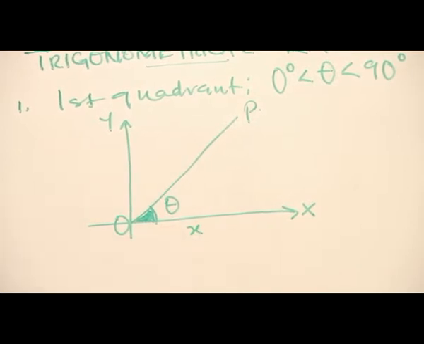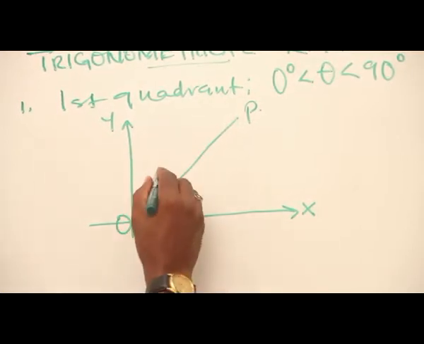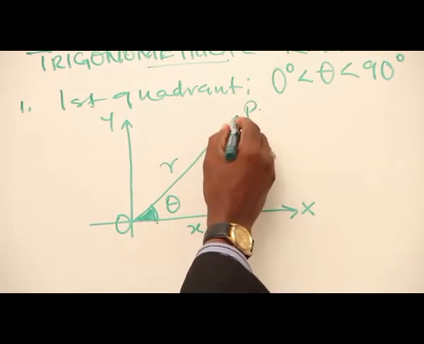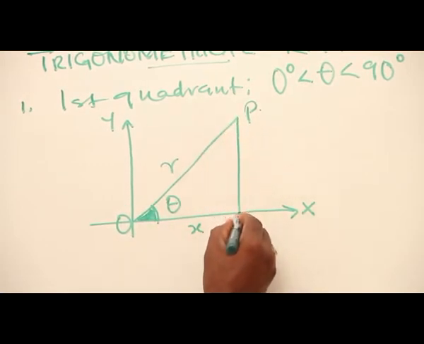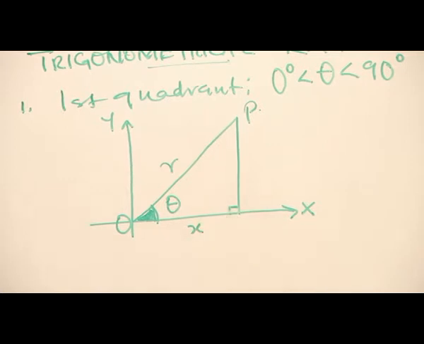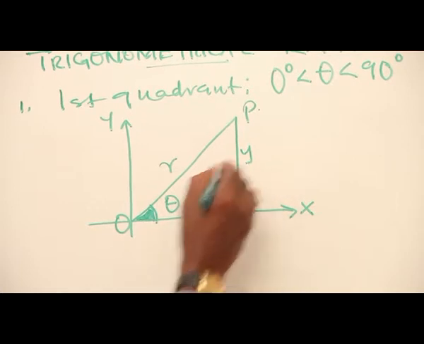Assuming the value of this is x, and this will give you the radius, and let's have a perpendicular and call this the value of y.